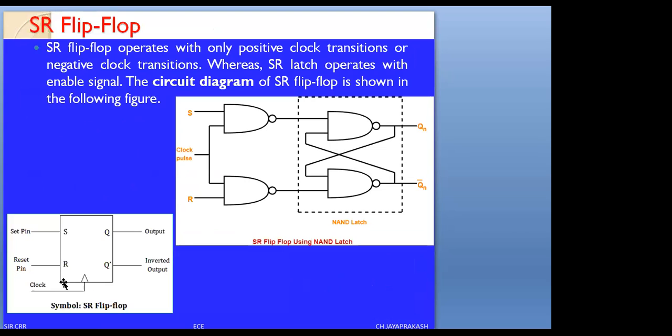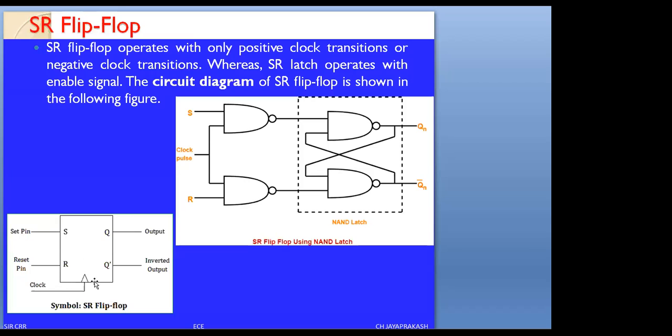This is called edge triggering. Since the clock is given with a triangle, it is edge triggering, and we don't have any bubble, so we call this positive edge triggering. If there is no triangle symbol, that is called level triggering. In level triggering, if there is a bubble, it is negative level triggering; if you don't have a bubble, positive level triggering. In this circuit we have shown the triangle symbol and a clock signal connected.